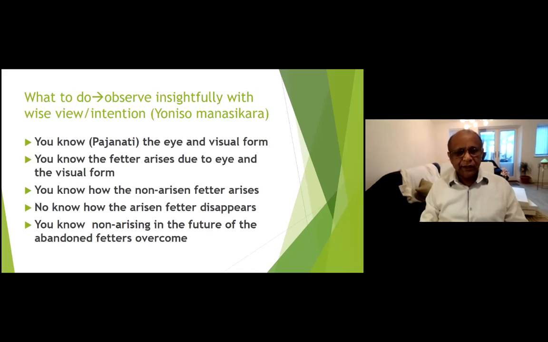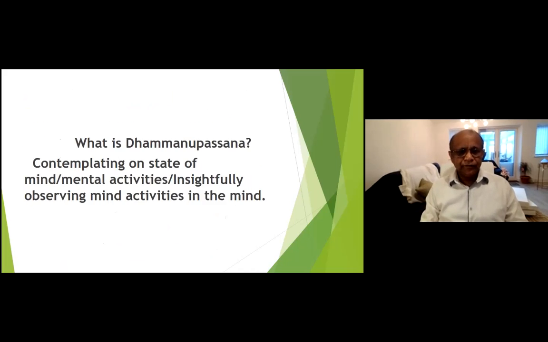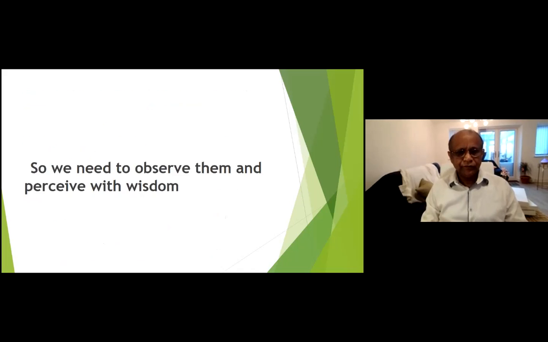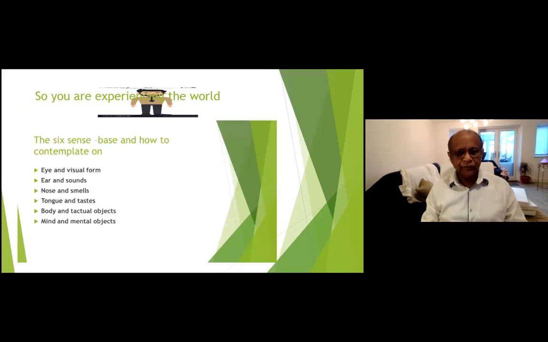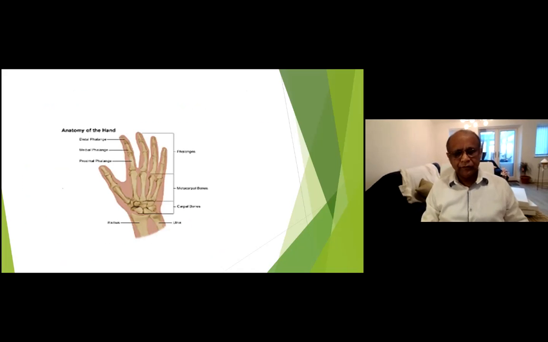Okay, let's take an example now. Okay, how else could we contemplate? Now you can see a palm or hand in this picture. Once you see this picture, even if you close your eyes, this picture is going to be a mentally created object in your mind.